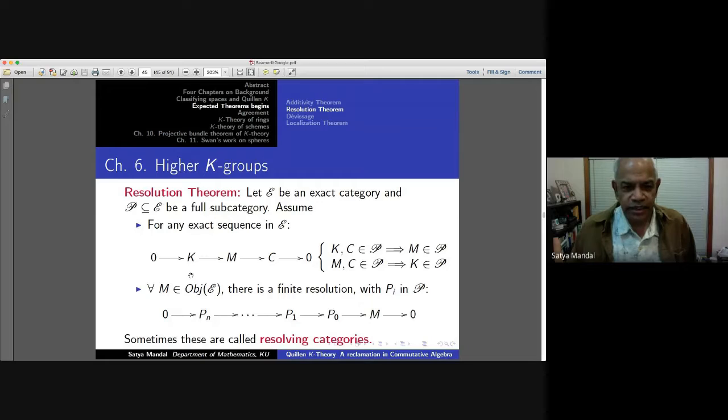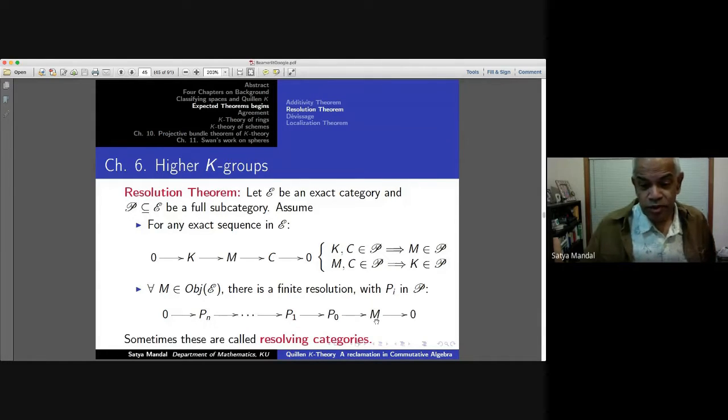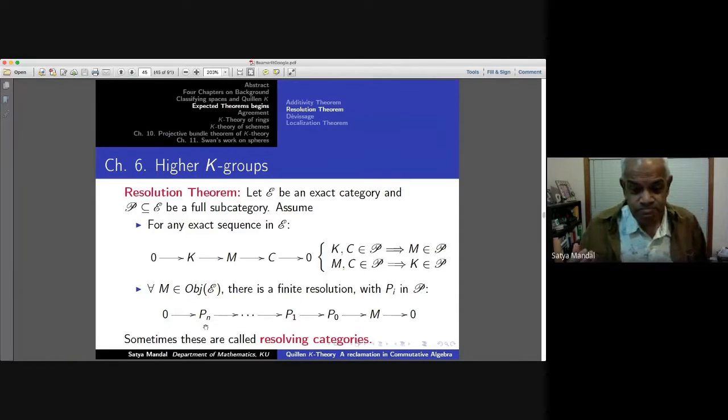If I give you an exact sequence in E, if K and C are in P, then M is also in P, and if M and C are in P, then the kernel is also in P. Like projective modules, and any object in E has a finite resolution.